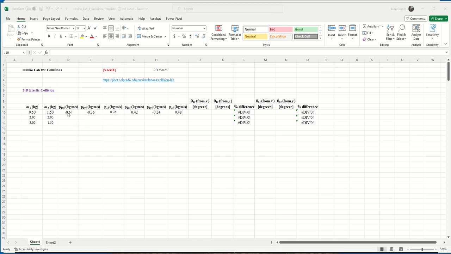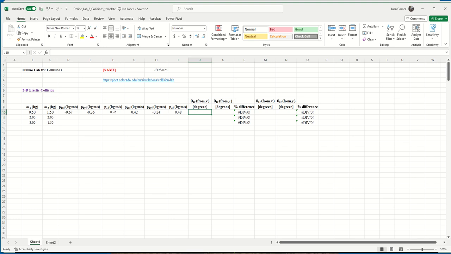So what I've done in row 10, starting at column D, is enter P1X final, P1Y final, P1 final, which I entered earlier, P2X final, P2Y final, P2 final. Now I want to get theta 1 final and theta 2 final using both the X information, column J and column M, and the Y information, column K and column N. So what is theta 1 final?